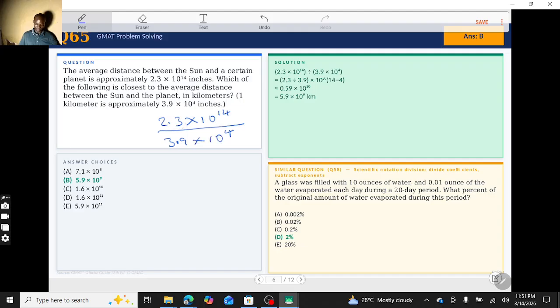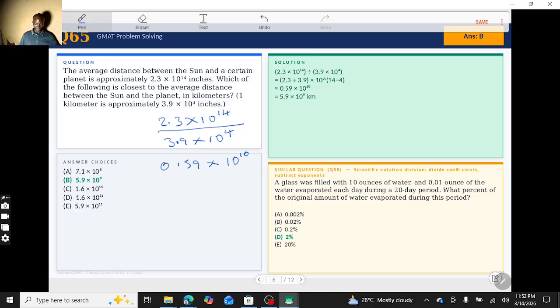So 2.3 divided by 3.9 is going to give us 0.59, then times 10 raised to the power 14 minus 4, because we are dividing, that is 10 raised to the power 10.